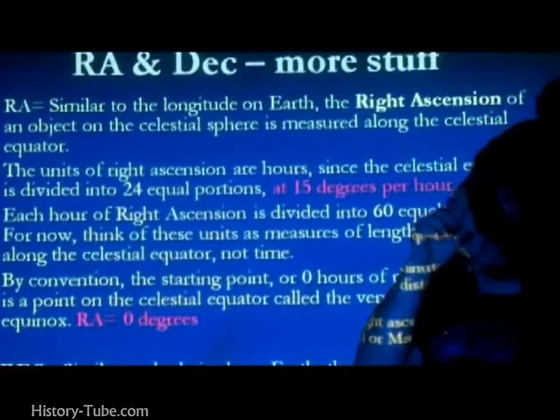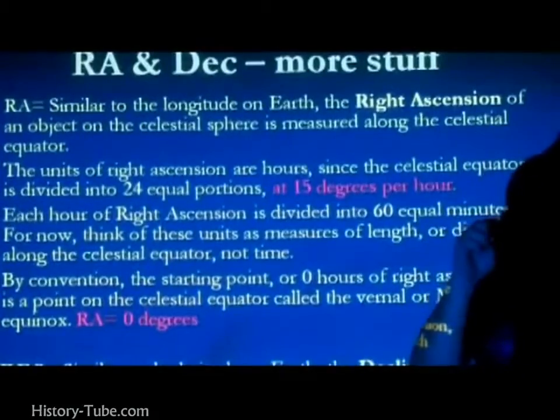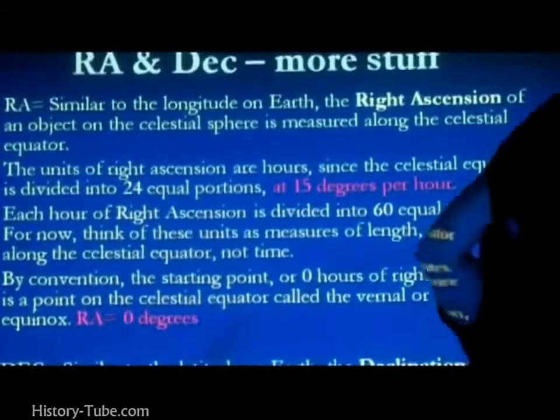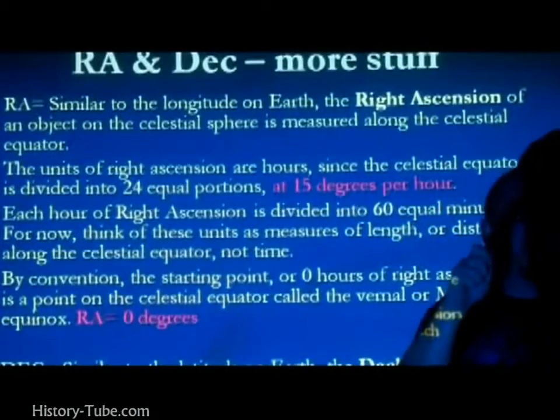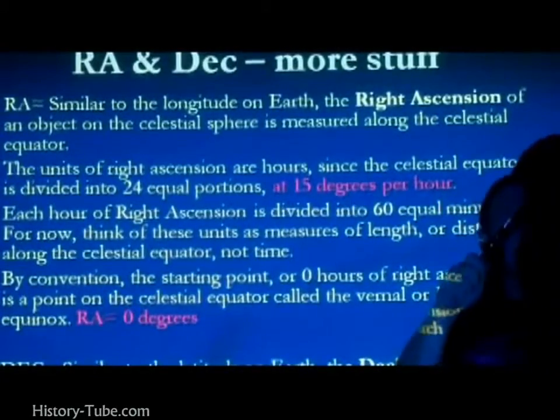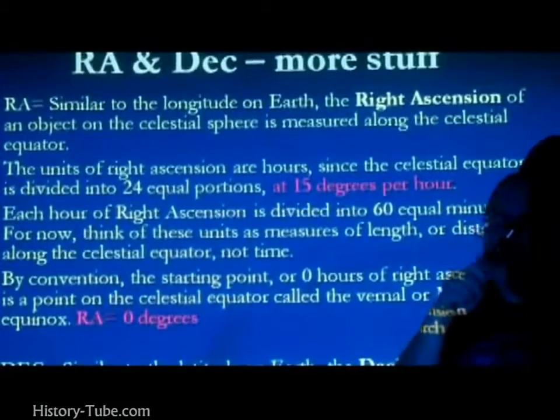When that happens, you will find that the terminator, that's the line, the shadow on the Earth that goes between the day and the night, is exactly 90 degrees perpendicular to the equator, but only during those 2 equinoxes.